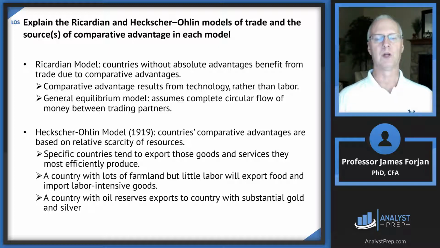For example, a country with oil reserves exports to a country with substantial gold and silver reserves. Of course, that makes sense. And so countries with farmland should import lots of labor-intensive goods.